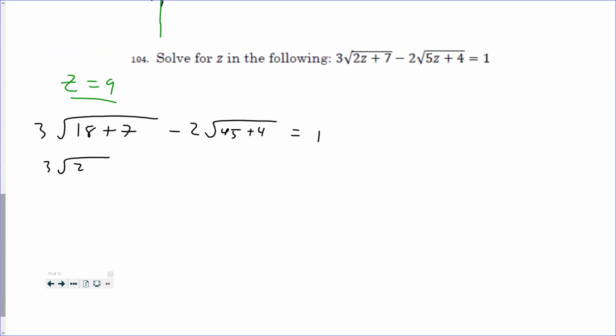There's 3 times 25, 2 times 49. So that's 15 minus 14 is 1. That's true. So z equals 9 is going to be an answer. Does that make sense? I did that a little quick, but we're just plugging 9 into the original problem and making sure it makes sense.